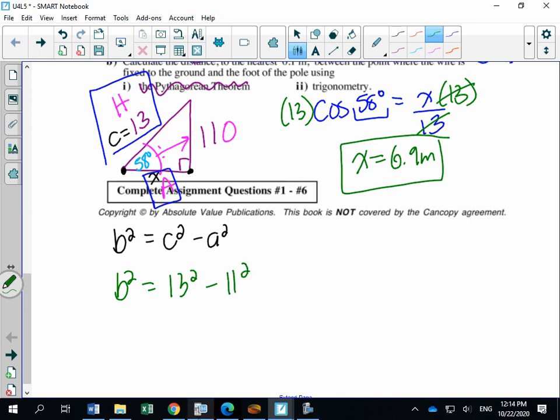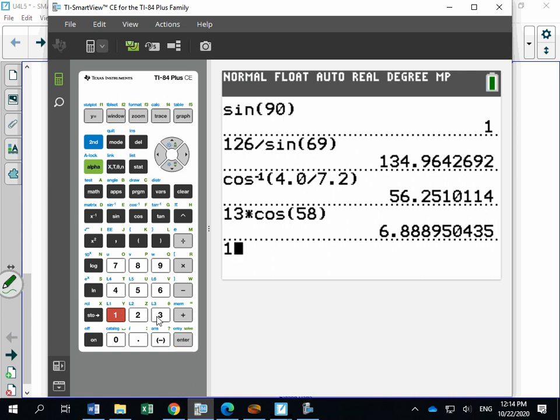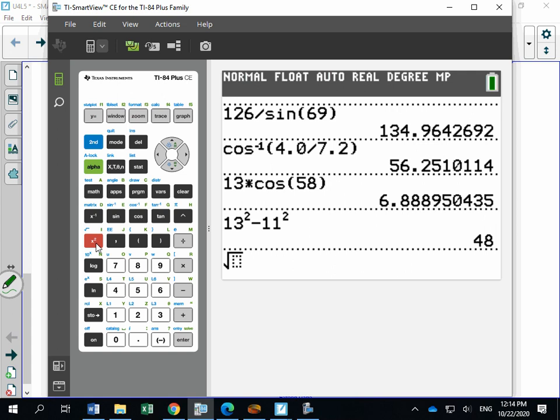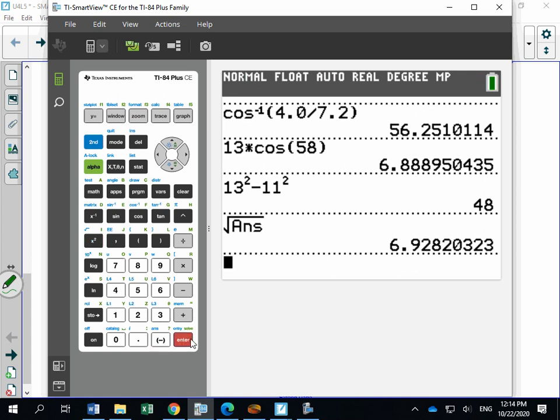Let's all punch this in one string on our calculator. So 13 squared minus 11 squared. That is what b squared would be. And then b would be the square root of that answer, which would be 6.9.